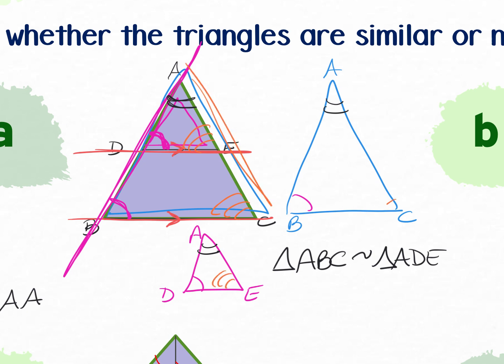Now, when you write this similarity statement, the order of the letters matters. So notice the first letter I wrote was A, and it's congruent to A. And then B had the same marking as D, and then C was congruent to E. So the order that you write the similarity statement is important.